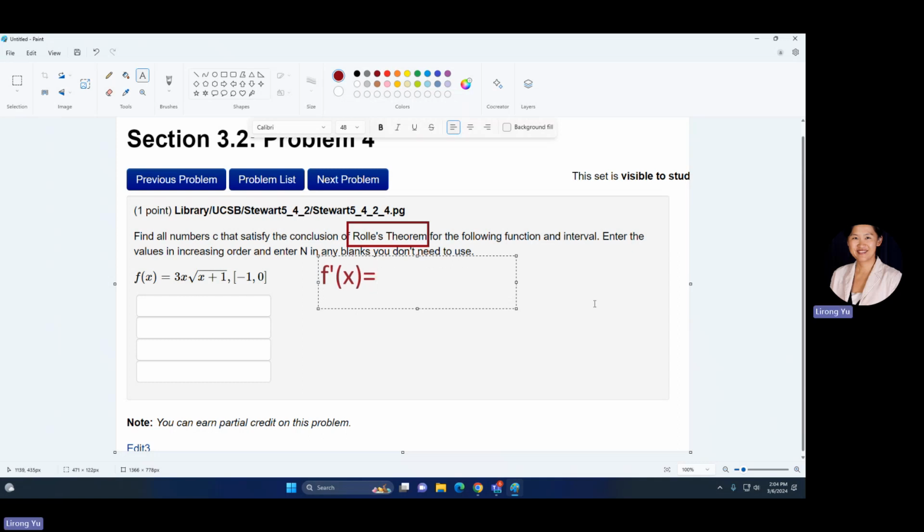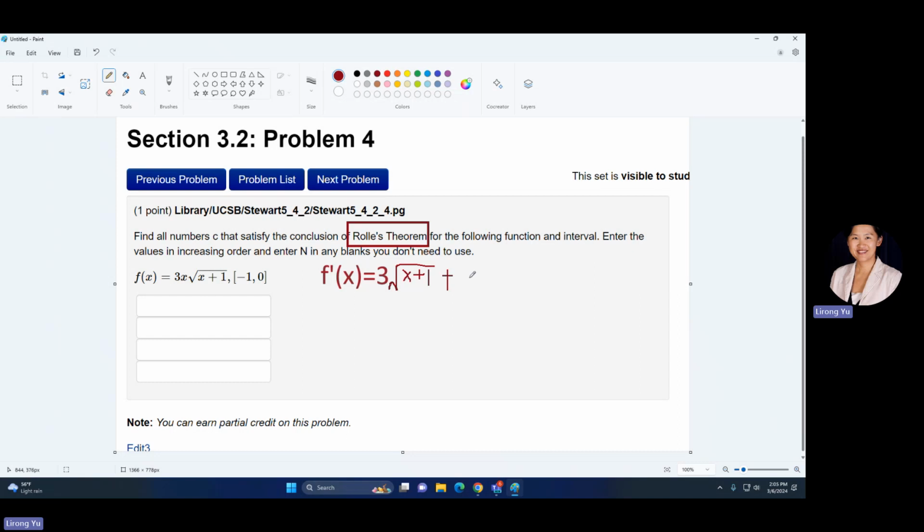This is a multiplication. We have x in the 3x, we have x in the root of x plus 1. There are two x's, so that's a multiplication. According to the product rule, take the derivative of 3x and keep the root of x plus 1.